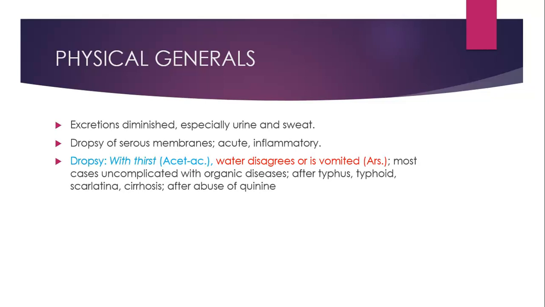Physical generals, you have excretions diminished, especially urine and sweat. Now when urine is diminished, we know there is something wrong. It can be due to your renal side, or it can be due to a shock. Dropsy of serous membrane. We have already discussed Apis in the previous class, and now again we are coming to another dropsical remedy, that is Apocynum. We have already discussed the trio: acetic acid, Apis, and Apocynum, where Apis is thirstless and acetic acid, Apocynum being thirsty remedy during dropsy.